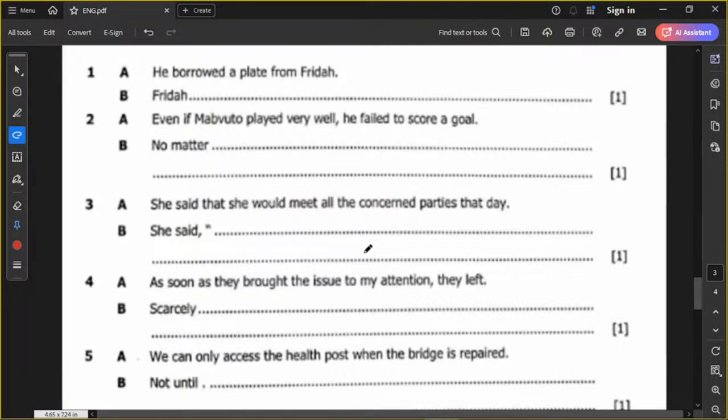Write the answers in the comment section so that we can see how you can write this sentence. I'll give you 30 seconds. Let's see those comments.